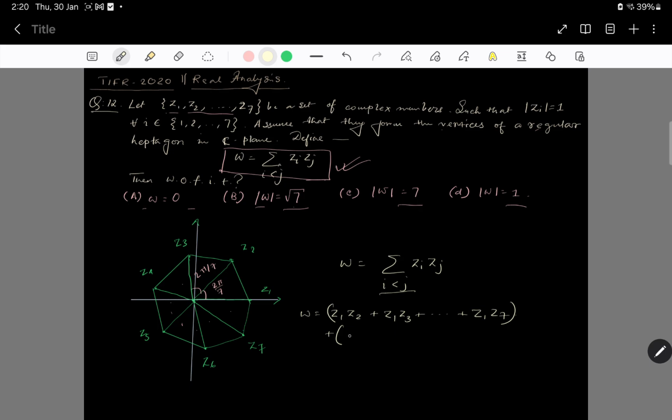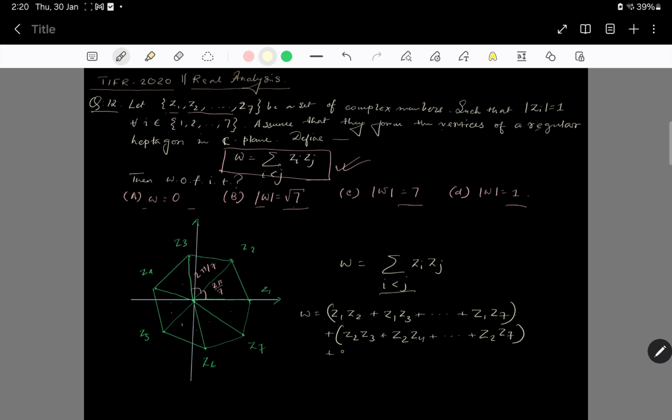Now the second set will be z2 z3 plus z2 z4 plus dot dot dot up to z2 z7.